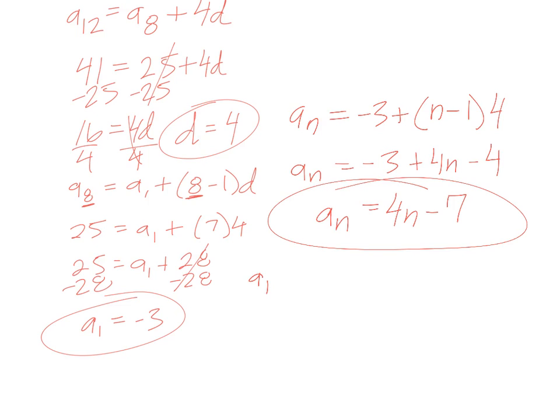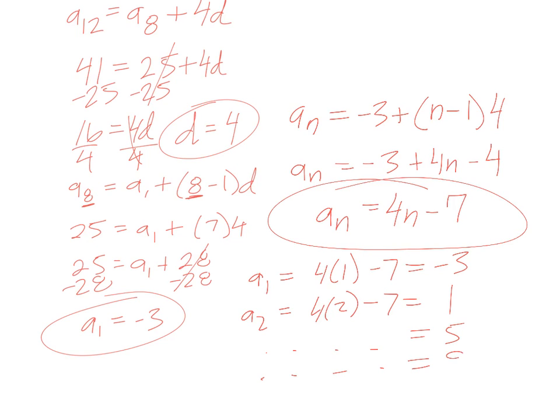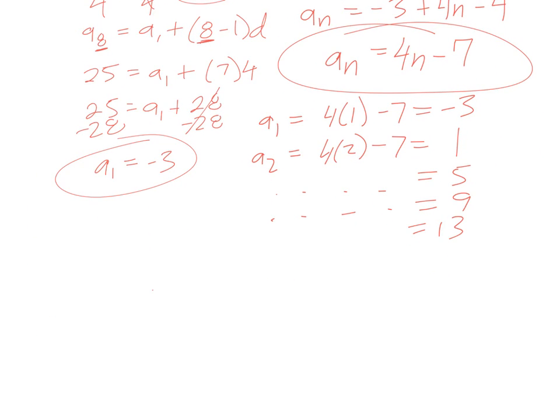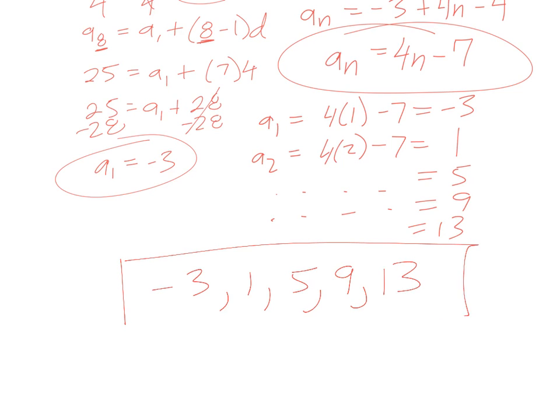A sub 1 is 4 times 1 minus 7, which is negative 3. A sub 2 is 4 times 2 minus 7, which is 1. Just keep doing the same thing. We get 5, 9, 13. So the first 5 terms of the sequence are negative 3, 1, 5, 9, and 13. Done.